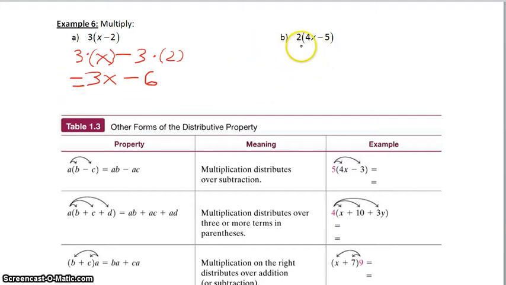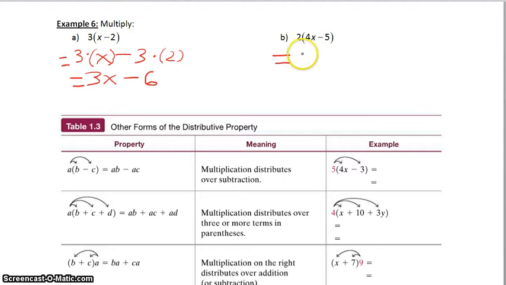Now we have b. We're going to take 2 and multiply over these two terms using the distributive property. Oh, I forgot my equal sign here. So let me put that there. Okay, so now we start b off with our equal sign.